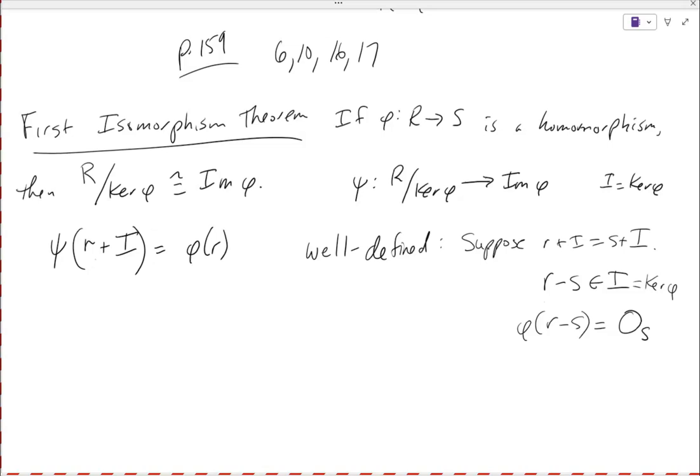Yep. Now what can we do on the left-hand side? Break it apart. And then move this to the other side. And you get phi of R must be phi of S. And that's exactly how we're defining our homomorphism, or our function.